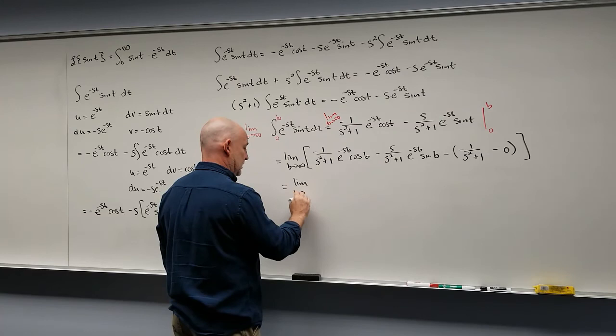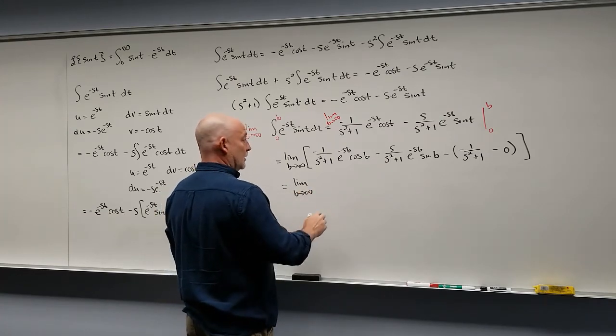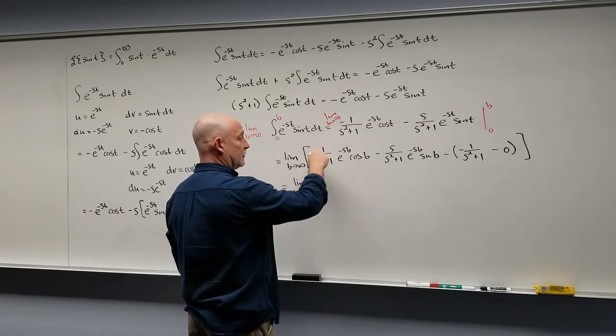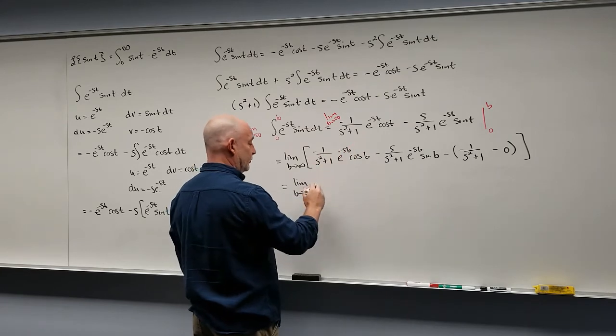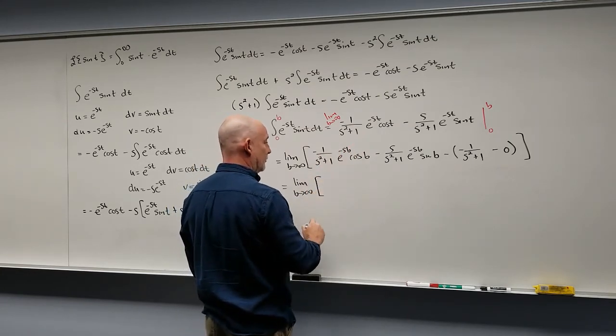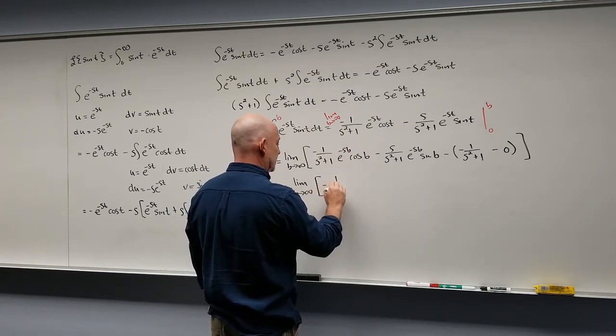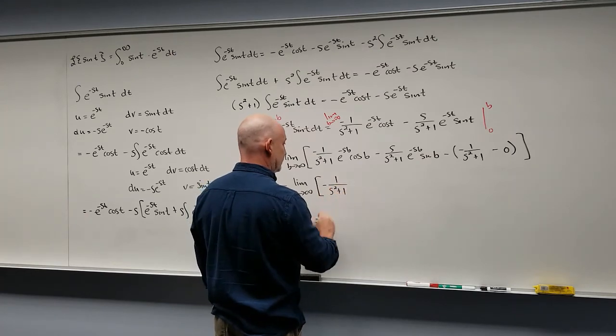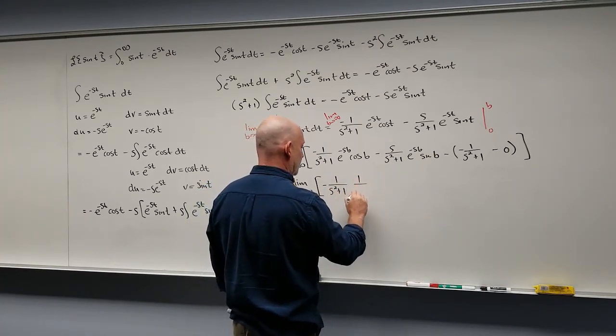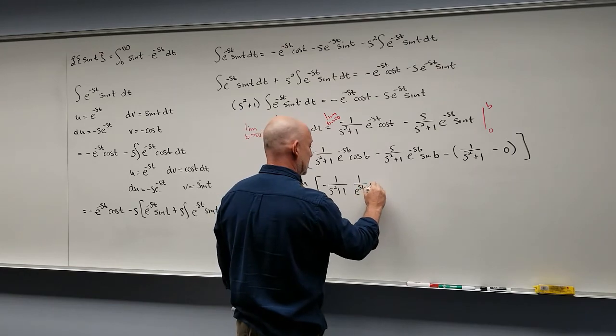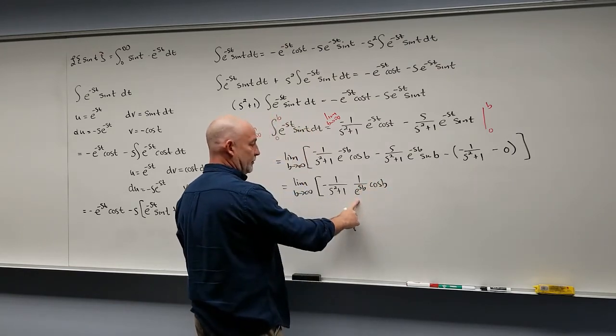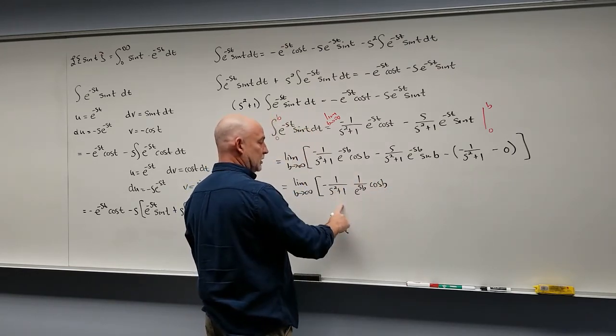So let's look at all of this. Limit as b goes to infinity. Now again, I want this exponential to make this go away. If not, it's going to run off to infinity, and that's not going to be very helpful for us. So I want to write this as s squared plus 1 over e to the sb cosine b. Because if it's on the bottom, then this can make this whole expression go to 0.